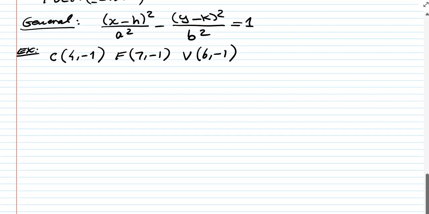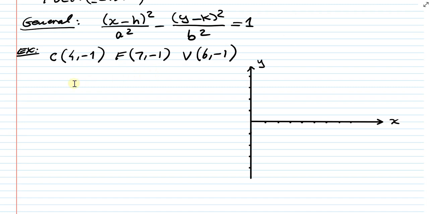Okay. Now I have the equation already here, but let me actually bring my coordinate system up. All right, so here's my coordinate system, x, y. Let's plot these points. The first point is 4, negative 1. 1, 2, 3, 4, negative 1 would be a point right about here, right? That's going to be the center, right?